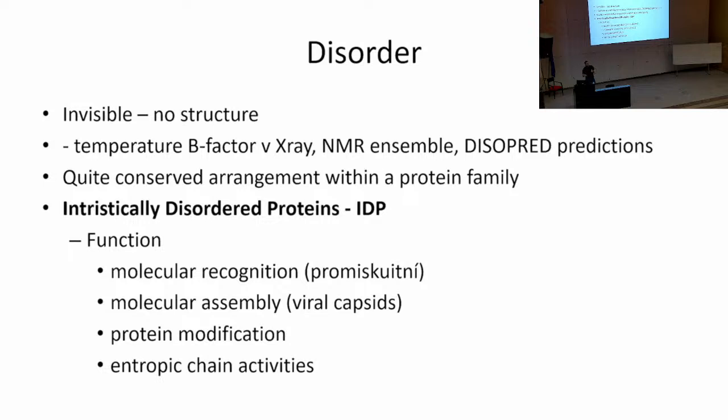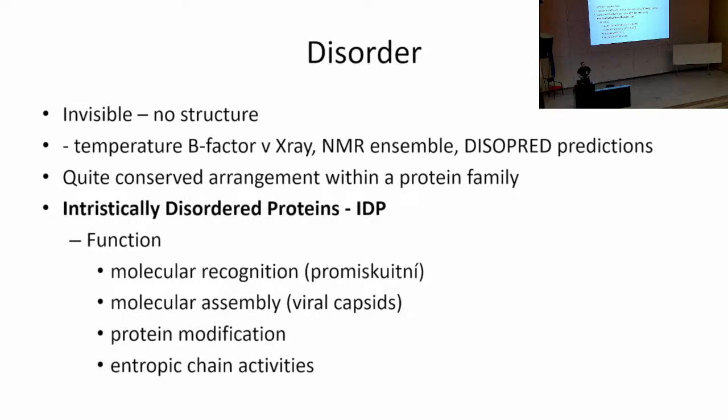And the reason why we have the unstructured parts, and some parts of the proteins are interestingly disordered, is that they cannot take the order by themselves. They are typically interacting with molecular recognition, so they are promiscuous, and basically they are catching a protein here, catching a protein there, and putting them together.